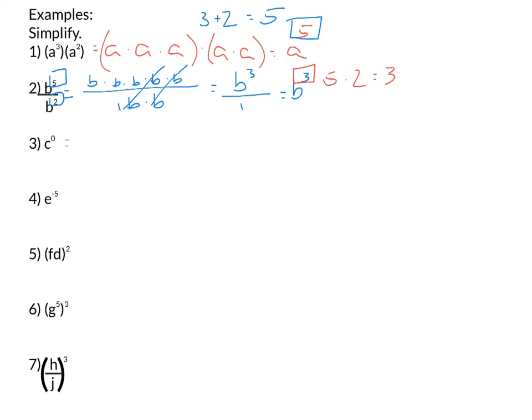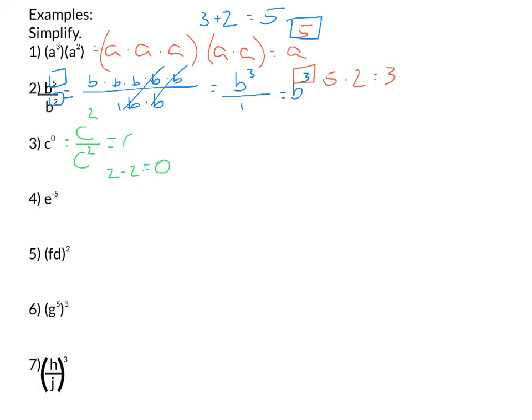In number 3, we have c to the 0. Well, how do I consider this? If I look at c to the 0, I can think of c to the, let's say, second, divided by c to the second. If I follow the same pattern I just did, and I did my exponent 2 minus 2, that's how I get 0.